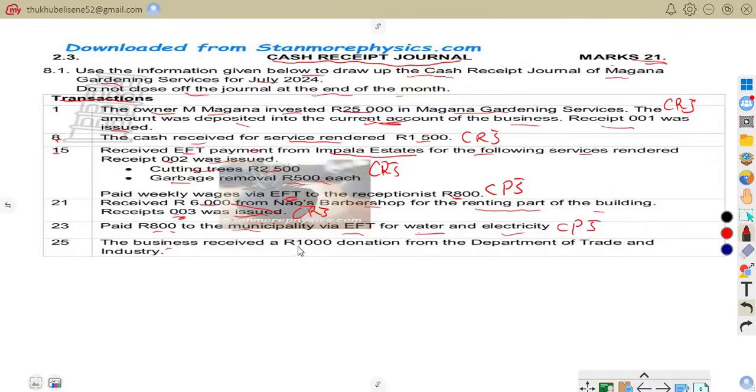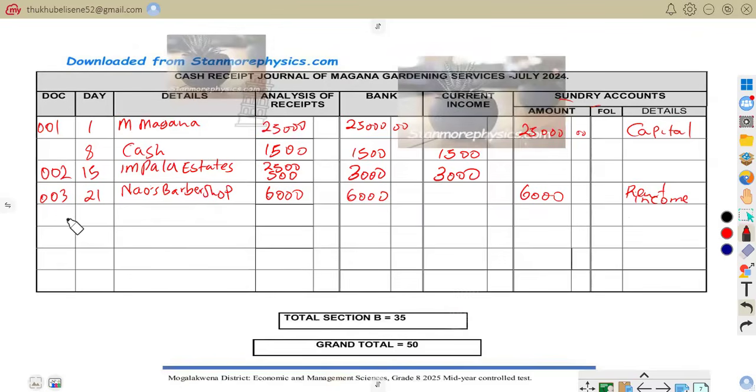The 25th says the business received 1,000 donation from the Department of Trade and Industry. So this one is the cash receipt journal because we are donated to by the Department of Trade and Industry. So let us record it. The 25th, that is receipt 004. So we are saying Department of Trade and Industry, we received how much? 1,000.